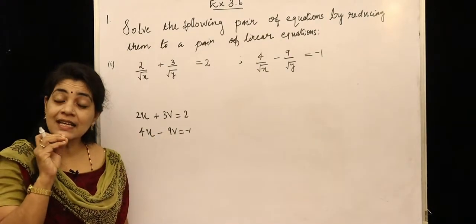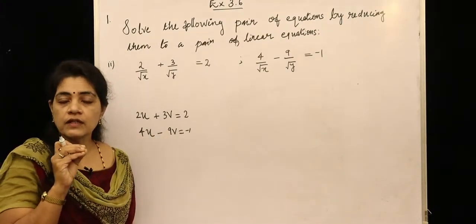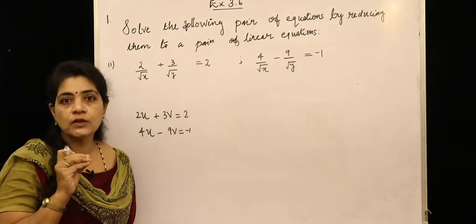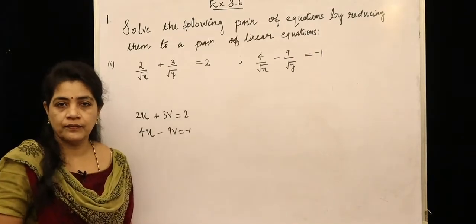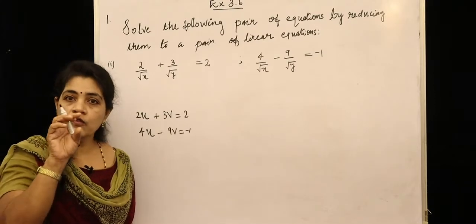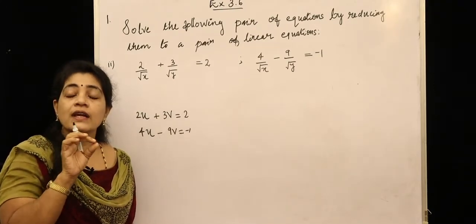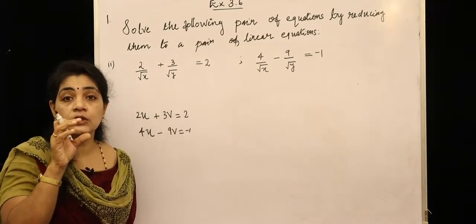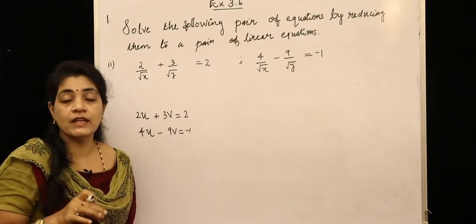You just see the coefficients first. Coefficients play a very important role in the elimination method. If the coefficients are multiples, you can easily make them the same coefficient very simply.